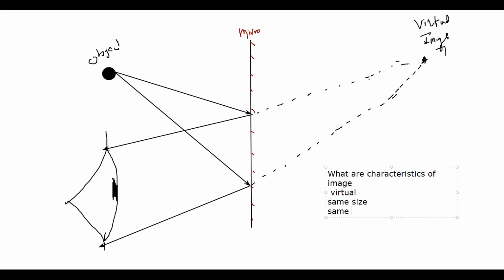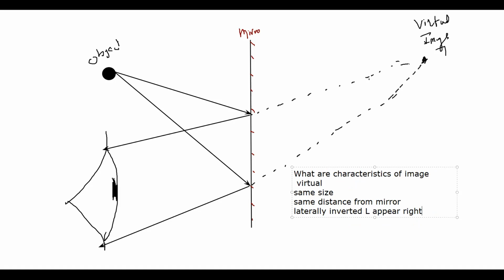It is the same distance from the mirror. And it is laterally inverted. Laterally inverted means the left appears right. For example, if you're standing in front of a plane mirror and you raise your right hand, what will you observe? You'll observe that for the image, it is a left hand.